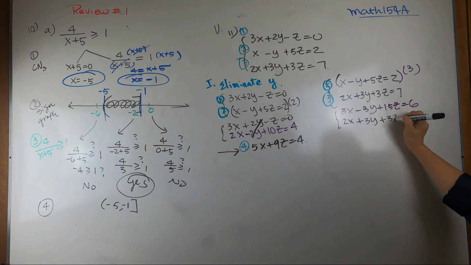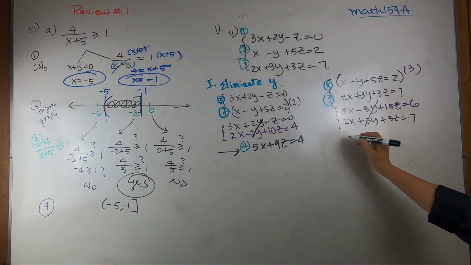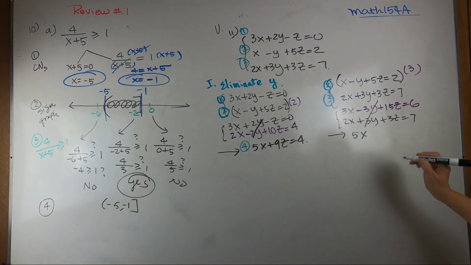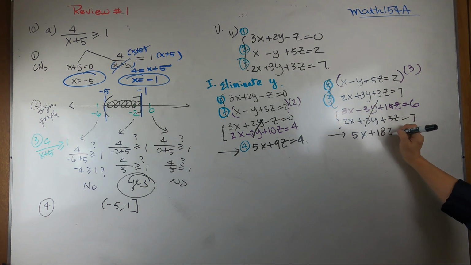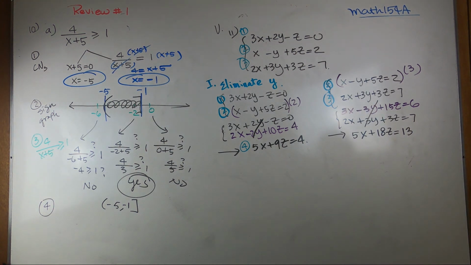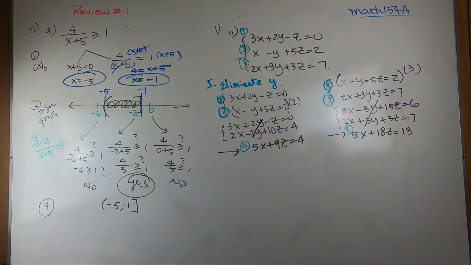So when you check back, you know where you are much easier. So this one would be 5x, is that right? Plus 18z equals 13. Then a new equation, so that's 5.